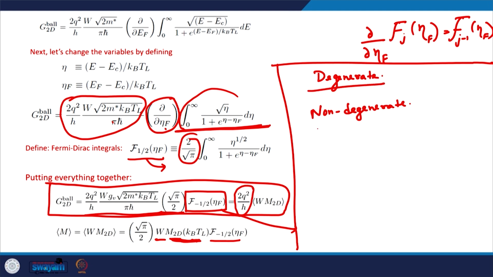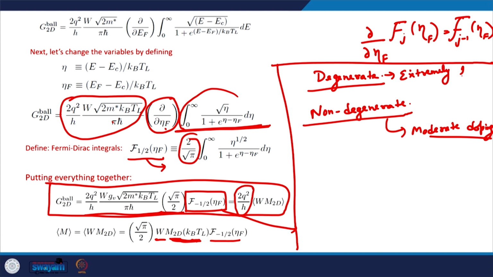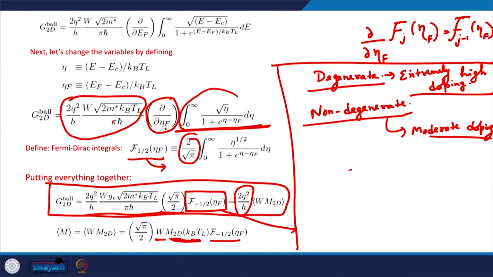In moderate doping, in realistic doping situations, the semiconductors are non-degenerate, and when we have extremely high doping, generally we have degenerate semiconductors. In degenerate semiconductors the Fermi level lies quite close to the conduction band. It may even lie inside the conduction band.